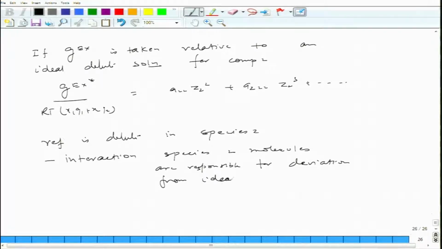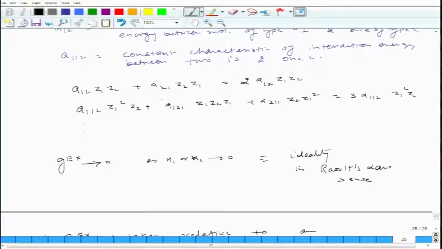In this case, for x2 equal to 0, GE star is going to 0, and as x1 goes to 0, GE is not equal to 0, because when this appears the other one will be 0, but not this one. So that was the idea behind introducing Wohl.